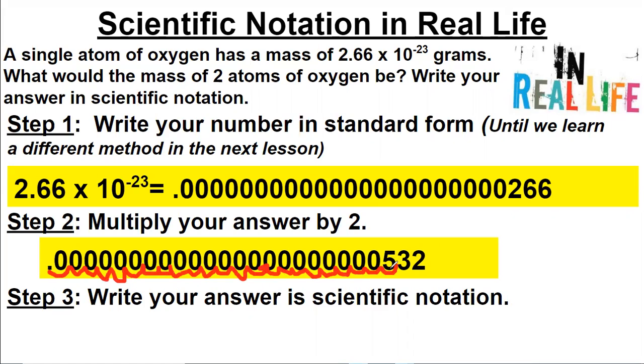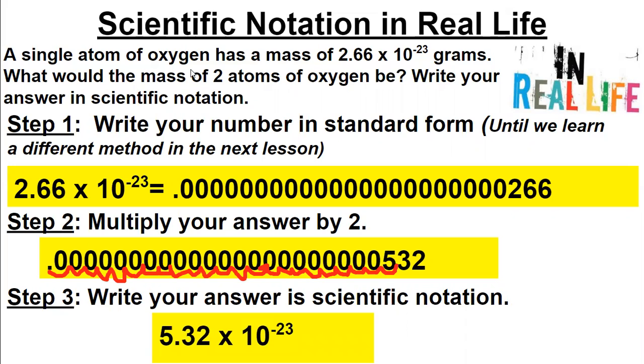Notice how it's also going to be a negative 23. Keep that in mind for our next lesson when we start multiplying with scientific notation. So it's going to be 5.32 times 10 to the negative 23. There it is, 5.32 times 10 to the negative 23.